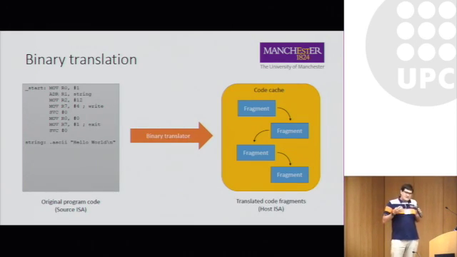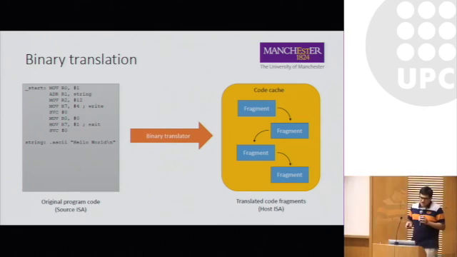Binary translation works by reading sequences of 32-bit instructions and translating them into code fragments in the code cache, which contain 64-bit code. And as new code is discovered, new fragments are translated, and eventually all the code in the application has been translated, and execution just stays inside the code cache, going from one fragment to another.